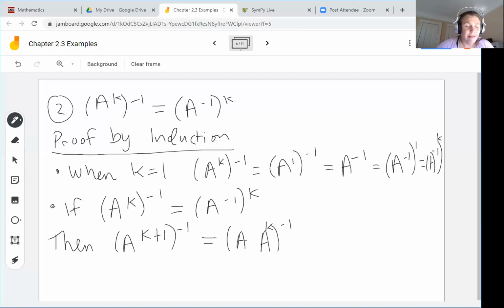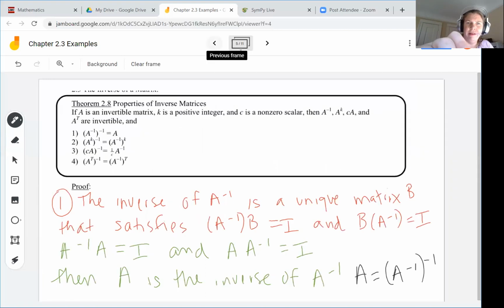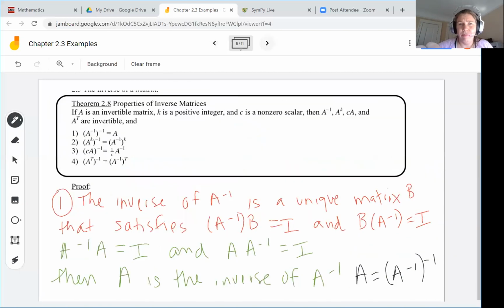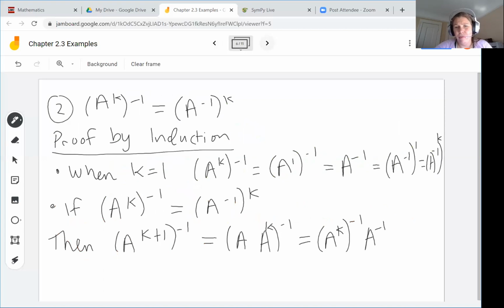And then by theorem 2.9 that we just proved, we can say this is A to the k to the negative 1 times A to the negative 1. Go back and look at theorem 2.9 here. We just showed the inverse is the second element of the product inverted times the first element of the product inverted. So that's all we're doing here, taking that A to the k to the negative 1 and then A to the negative 1.